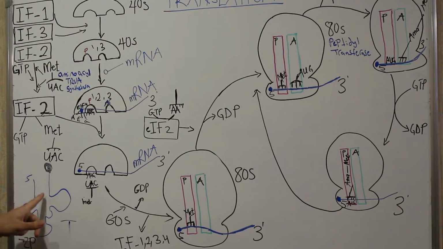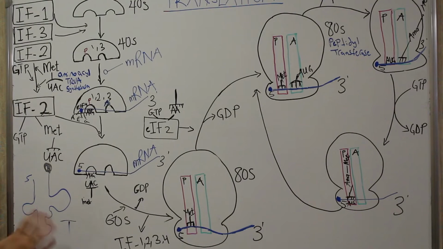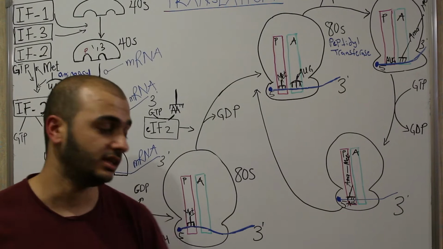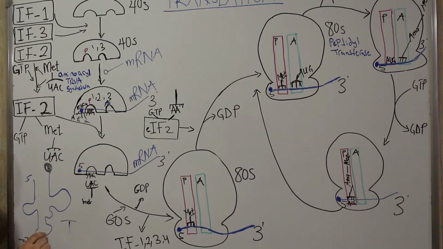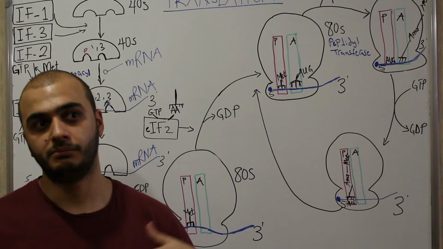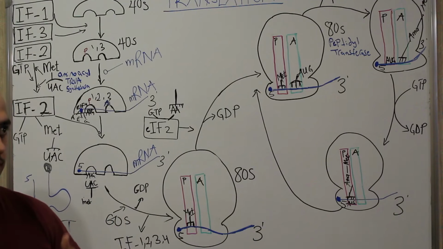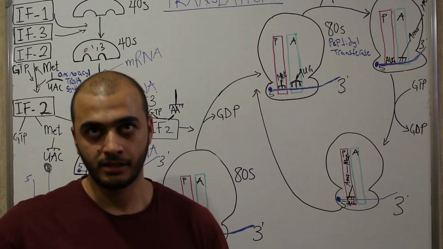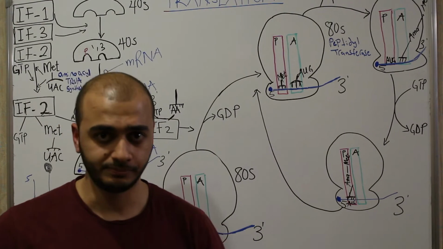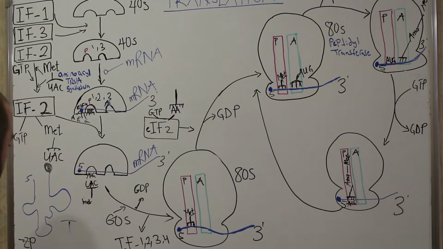Let me tell you simply about tRNA. tRNA is specific: each tRNA can bind to only one amino acid, because each tRNA has an anticodon which binds to just one amino acid. But one amino acid can be bound by different types of tRNA.